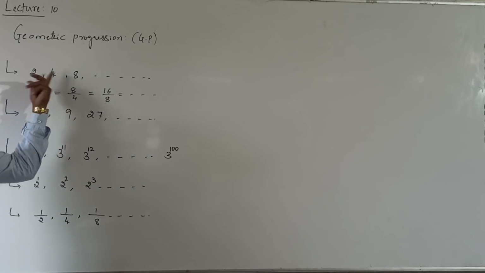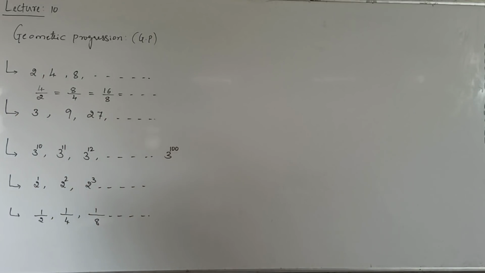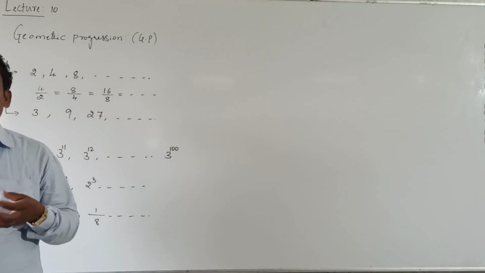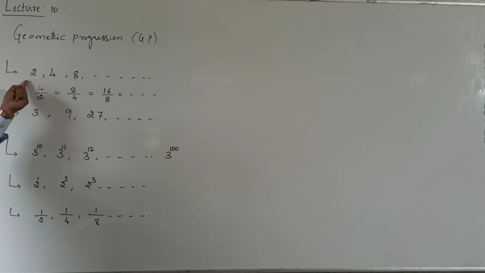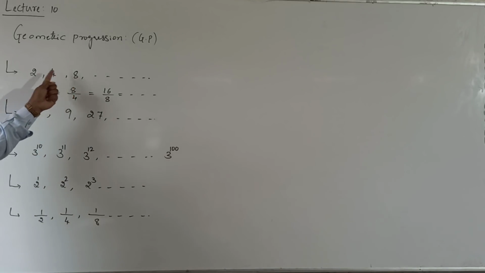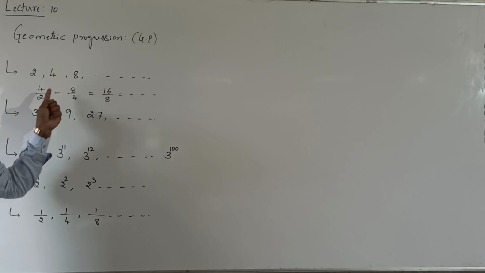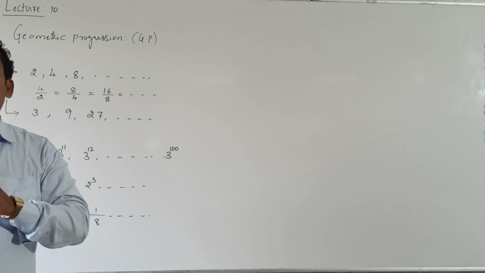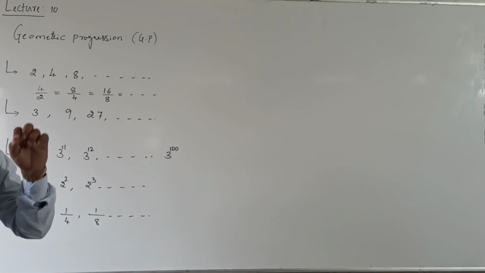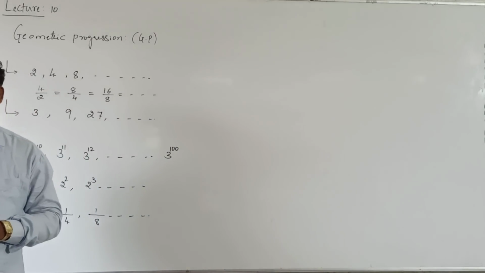The ratio between a term and its previous term is constant, which means it gives the same value. Term divided by its previous term. The ratio is always constant. Such a sequence is known as a geometric sequence.